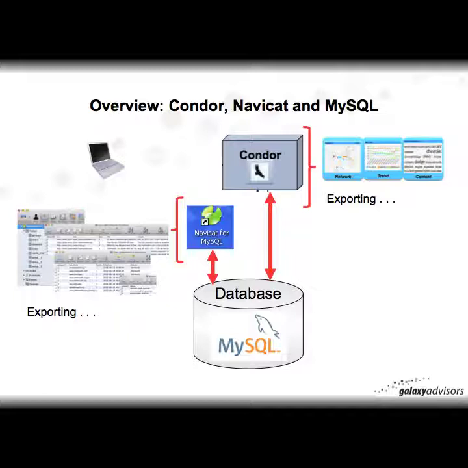In contrast, Navicat accesses the same MySQL database, but provides, you might say, an Excel spreadsheet view. It shows you the tables underlying the data, multiple tables, and both Condor and Navicat give you the ability to export the data to use in other software if you wish. So that gives you an overview of how the three interact.